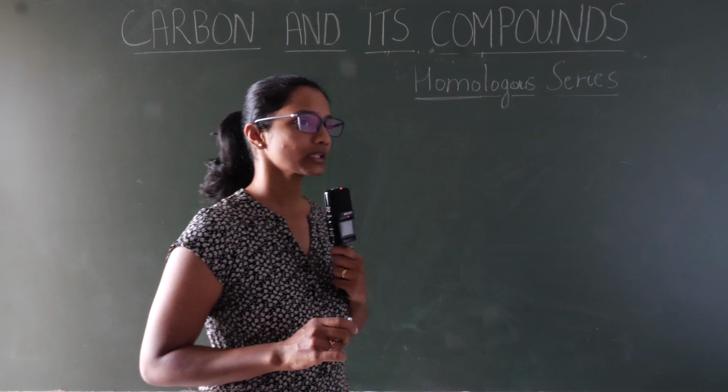Whenever there's this word homologous, when homo is attached to it, it means similar, something of the same kind. So homologous series is nothing but a series of the same kind.